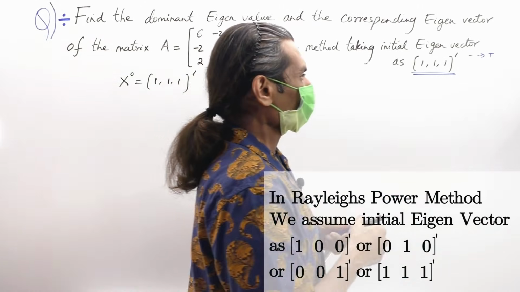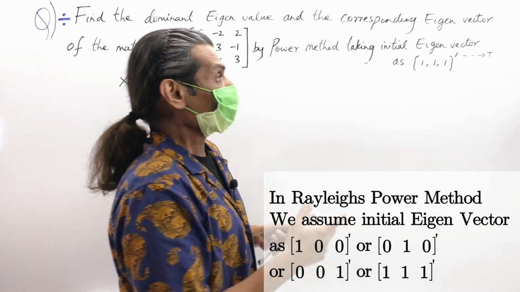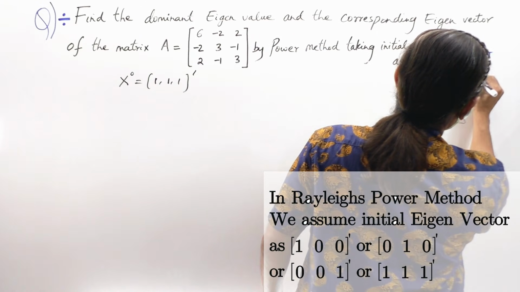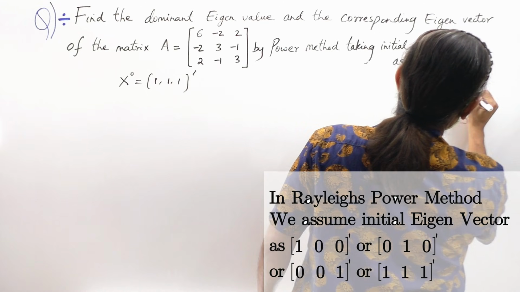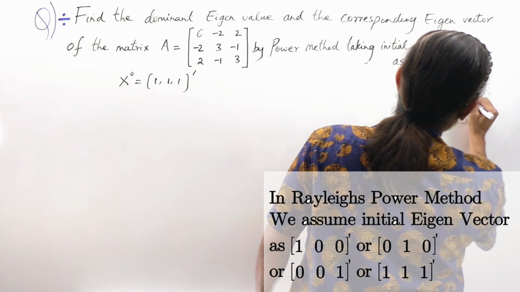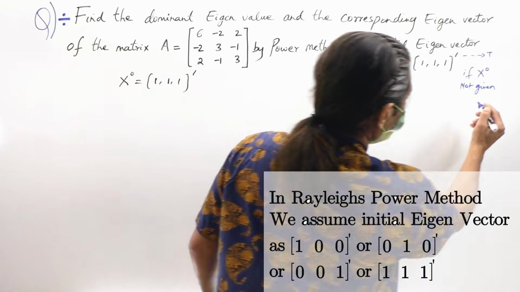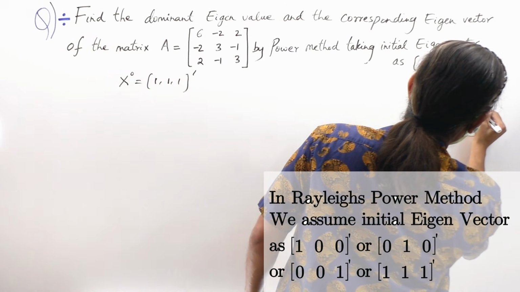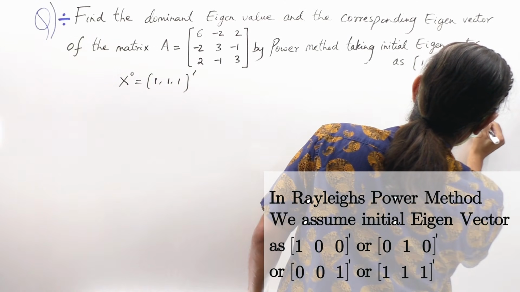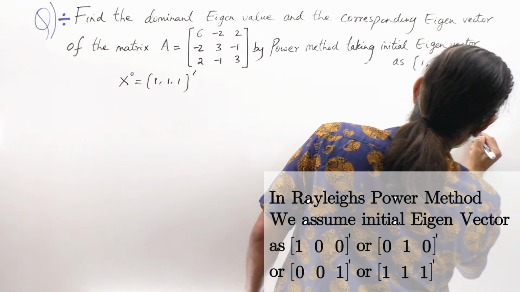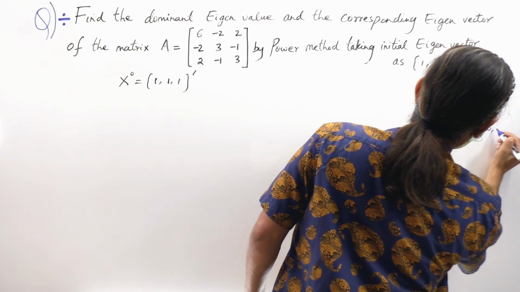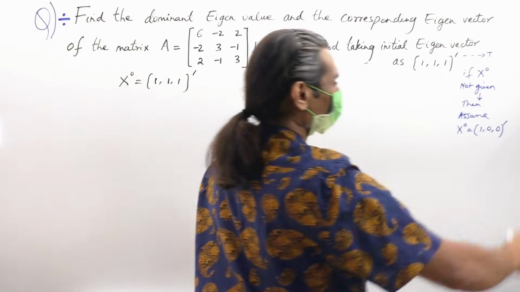So if x0 is not given, then you have to assume x0 = [1, 0, 0] dash or transpose.